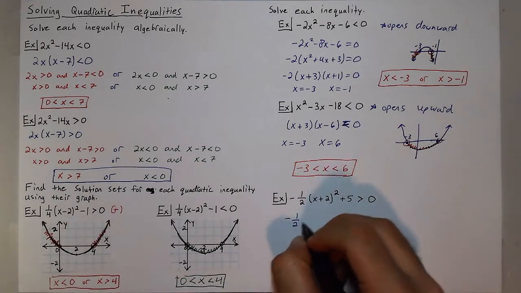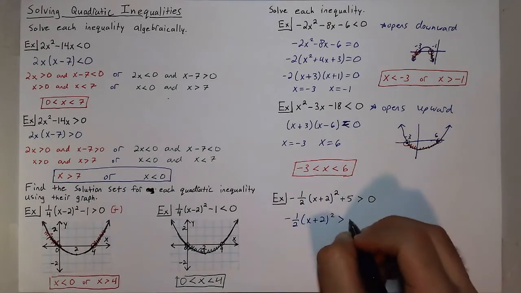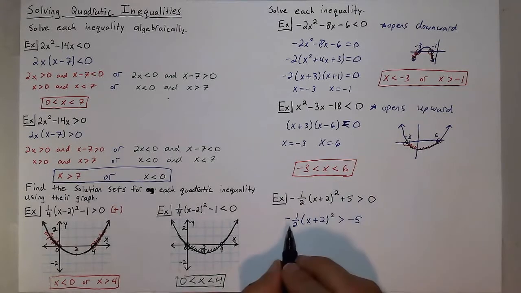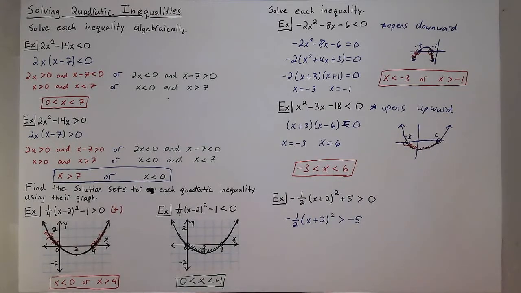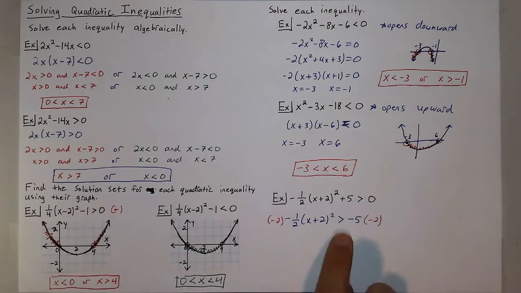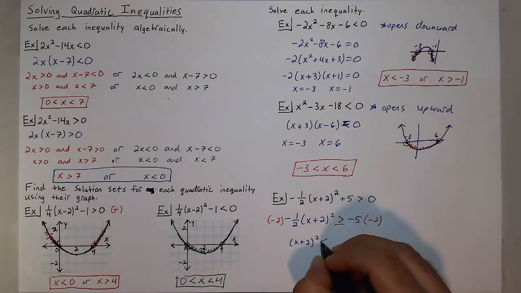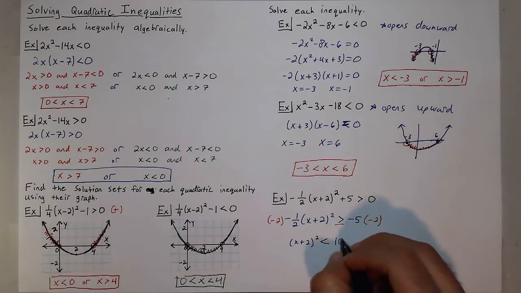So negative 1/2 times x plus 2 squared is greater than negative 5. And then I can multiply each side of my equation by negative 2. But whenever you multiply by a negative, that inequality in the middle is going to flip. So I'll get x plus 2 squared is now less than positive 10.